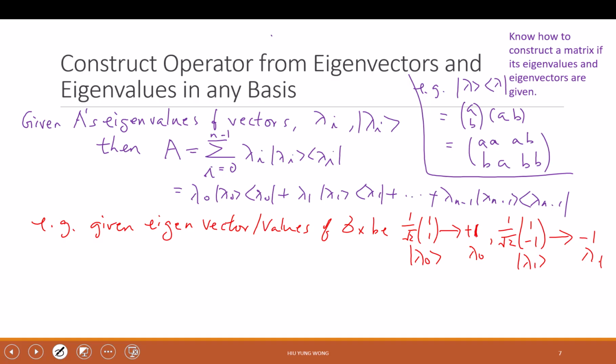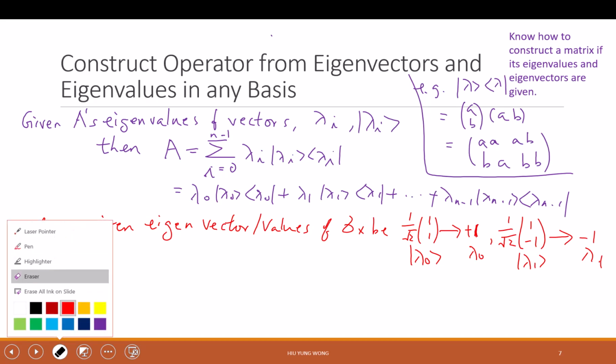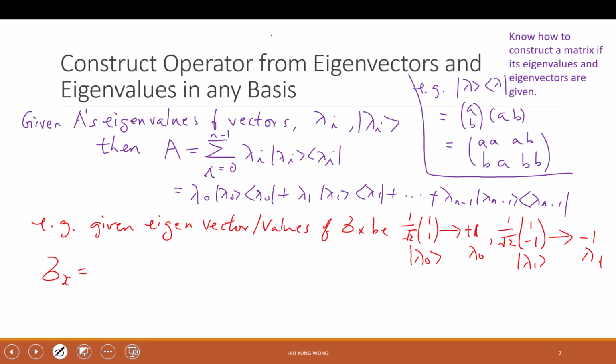So can you construct sigma x based on the equation? Just follow what we wrote before. Lambda 0 outer product plus lambda 1 outer product. How about lambda 2? Do I need to add the lambda 2 outer product?